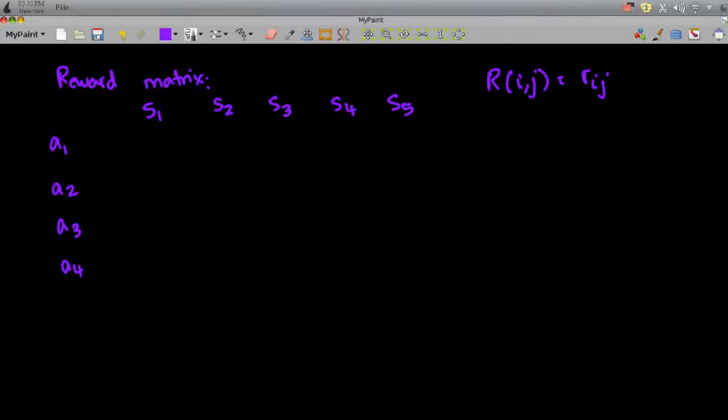So if you think about it, suppose the number of dozens of cookies made is less than or equal to the number of dozens of cookies that you're expected to sell. In other words, i is less than or equal to j, or in another way, j is greater than or equal to i. They mean one and the same.